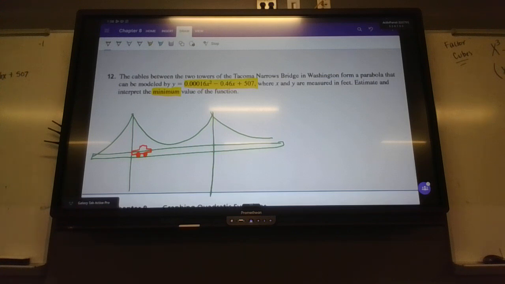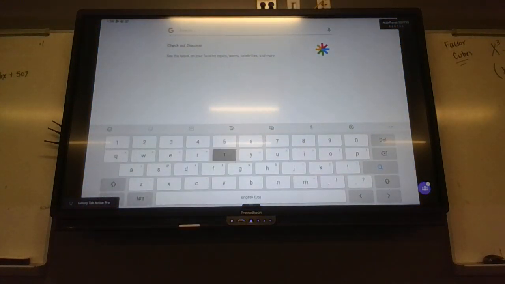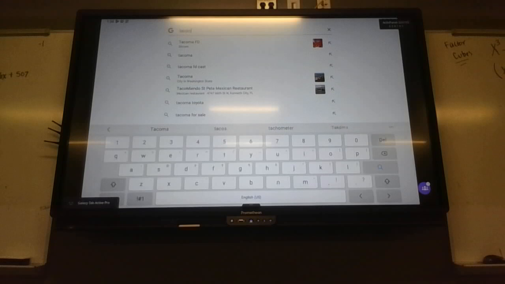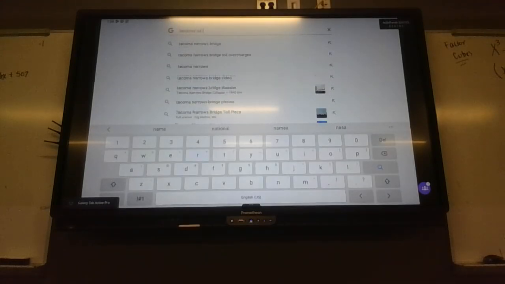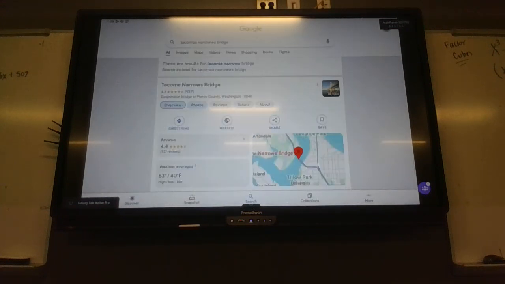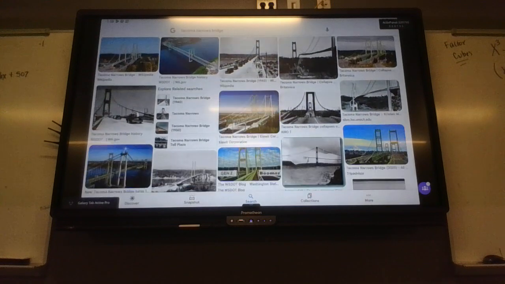Oh my gosh. What if I do a negative? Does it just flip it upside down? Look at this. Bridge.